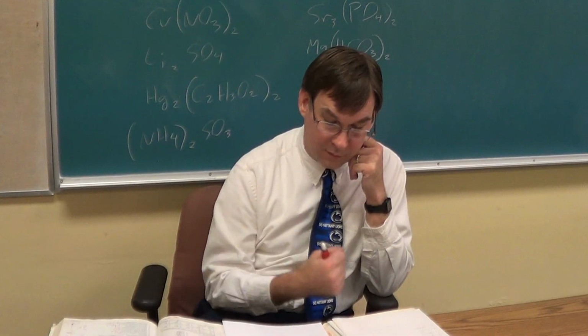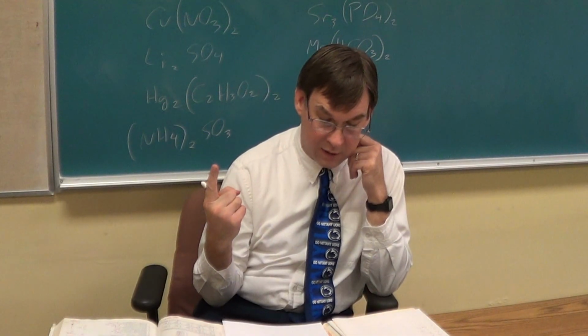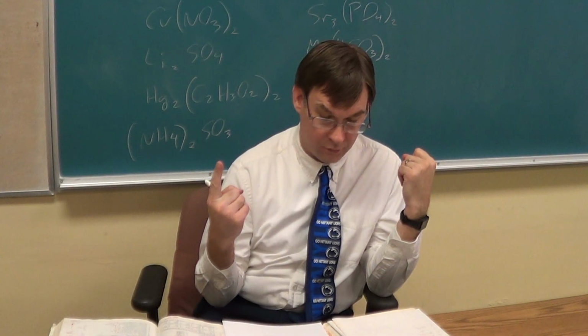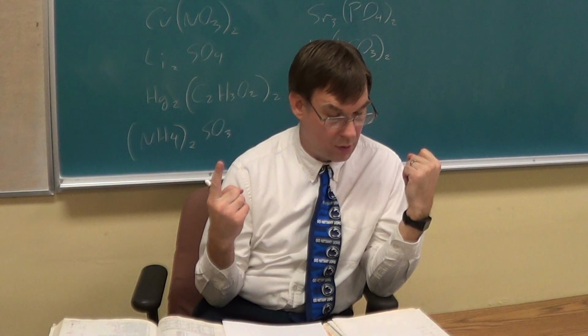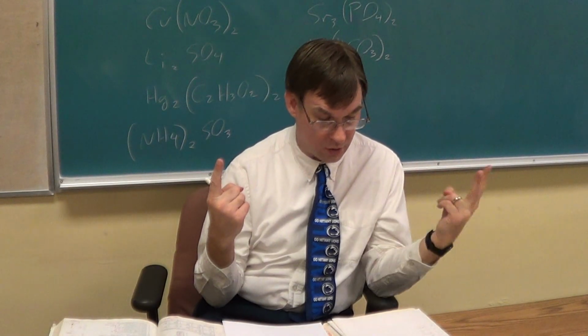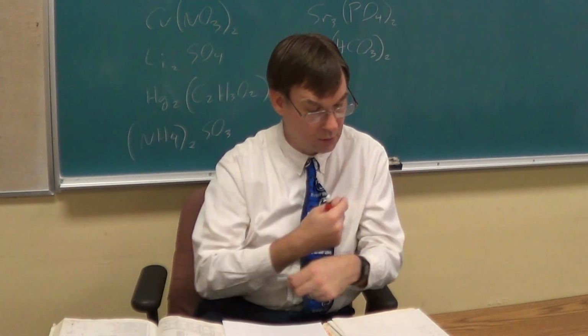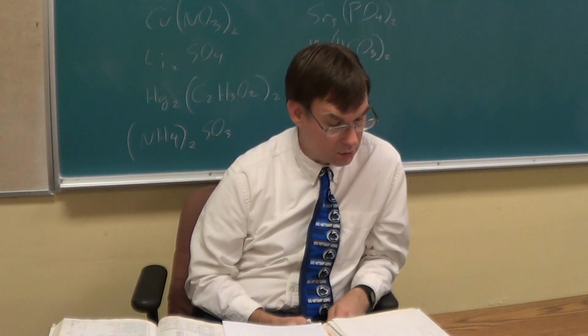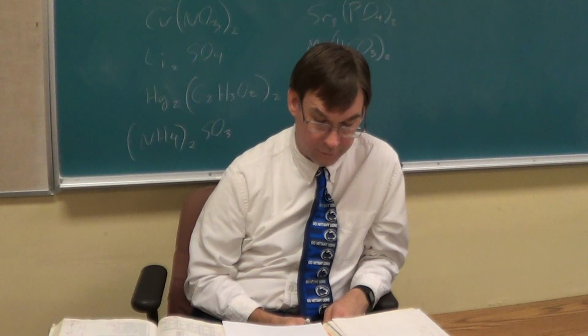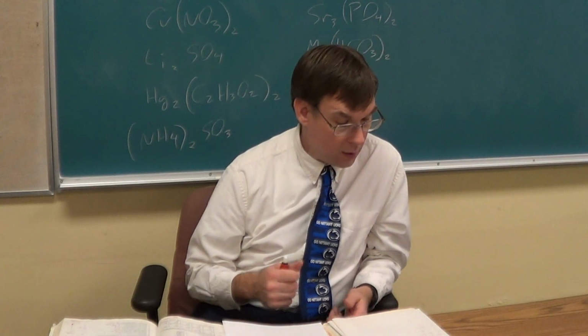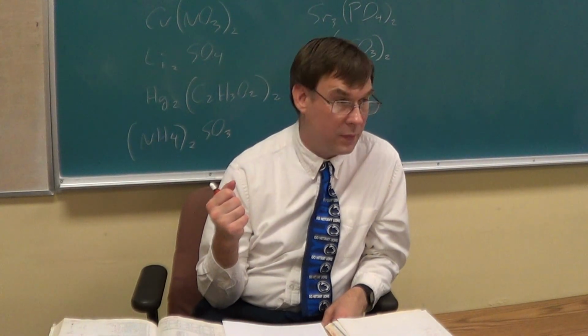Potassium, charge of 1, it's a K. Dichromate, Cr2O7, and that has a charge of 2. So switchies, so K2Cr2O7. Last one, aluminum, Al.